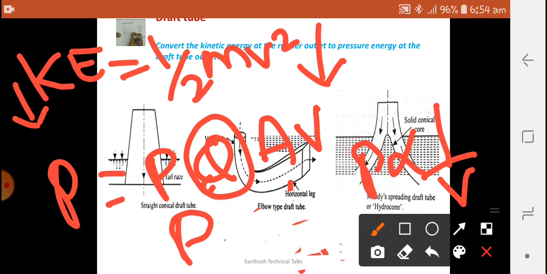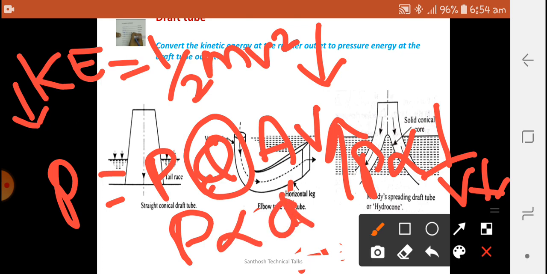So when the velocity decreases, pressure increases. Area and velocity are inversely proportional, so if the area increases, pressure will increase. That is what the interest is about.